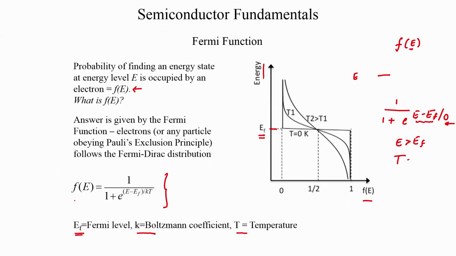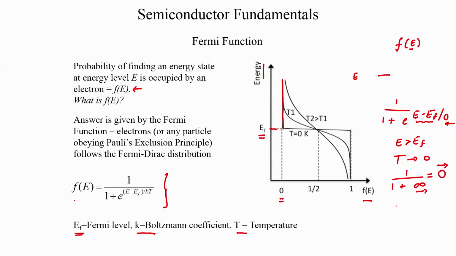So, as T approaches 0, you have 1 by 1 plus a term approaching infinity, if E is greater than Ef, which means that this value is going to be heading towards 0. Therefore, at T equal to 0, for all energies above Ef, the value of the Fermi function f of E is 0.